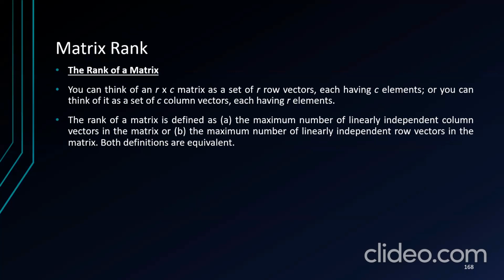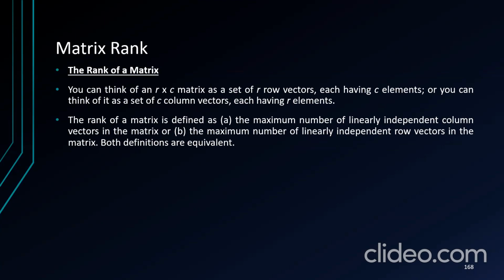Okay. Matrix rank. The rank of a matrix. You can think of an R by C matrix as a set of R row vectors, each having C elements. Vectors, ibig sabihin, isang row lang. Okay? Or you can think of it as a set of C column vectors.